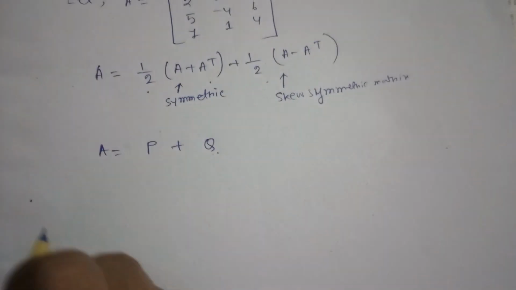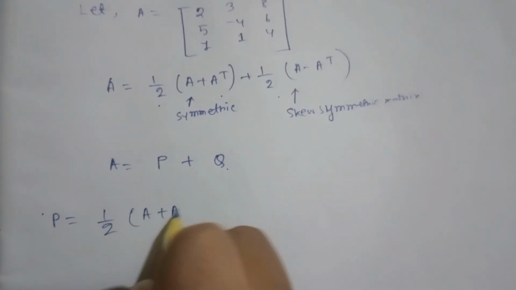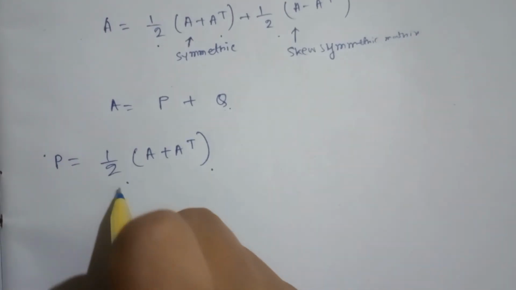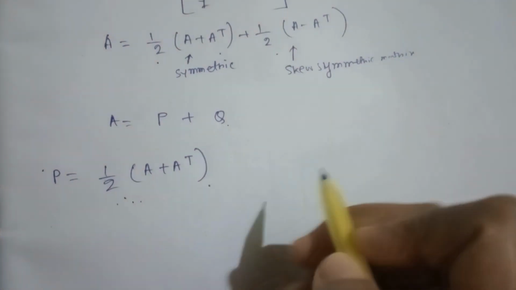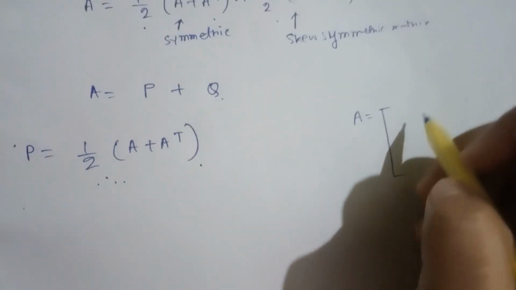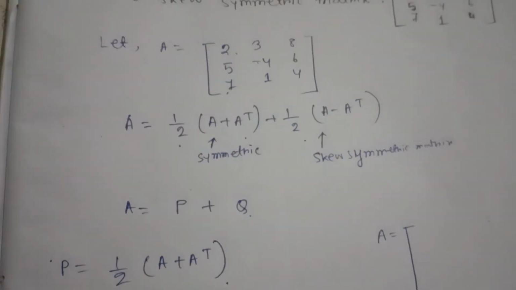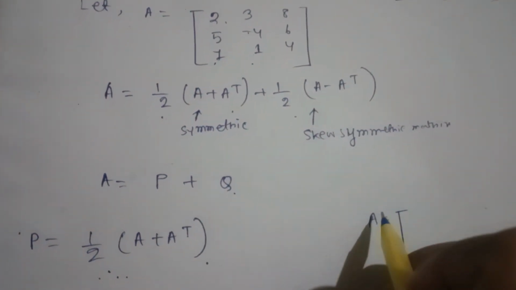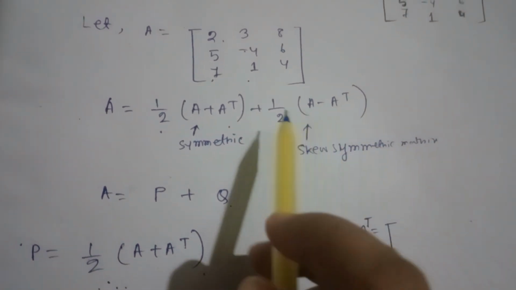So P is equal to half (A plus A transpose). At first we check whether it is really a symmetric matrix or not. We know the value of A is [2, 5, 7; 3, -4, 1; 8, 6, 4]. So we calculate A transpose.